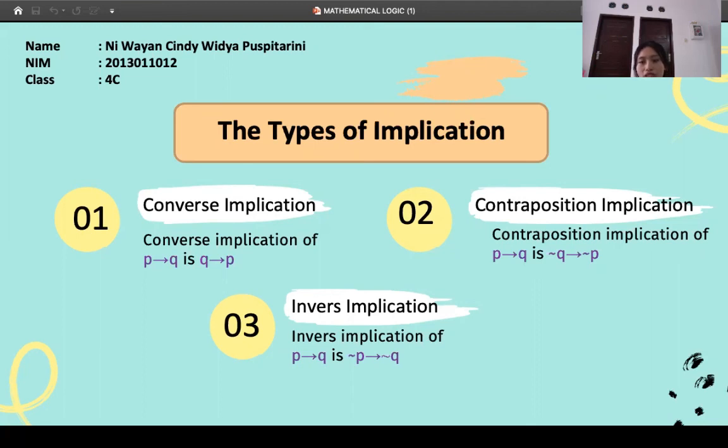Contraposition implication of P implies Q is not Q implies not P. And the last is inverse implication. Inverse implication of P implies Q is not P implies not Q.